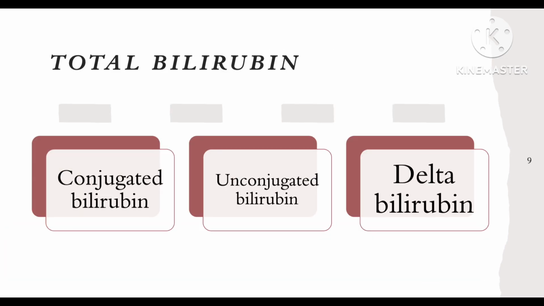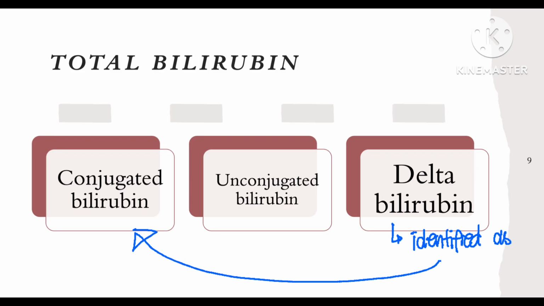Okay, so in order for us to measure the total bilirubin, we would have to add both the conjugated bilirubin and the unconjugated bilirubin, and you add also the delta bilirubin. But in the laboratory tests, class, the delta bilirubin will automatically be counted as part of the conjugated bilirubin.